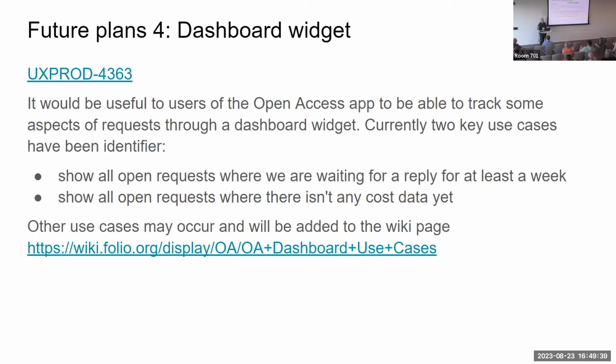If I want to change a spreadsheet, I just add a column, done. If I want to change a FOLIO app, I have to talk to all kinds of people. I think we'll discover things as people start using this for real, and we'll discover where it needs extending. I think the same is true with the dashboard widget. We'll find people say, oh, I'd love to be able to get a list of requests that fulfill these criteria. And we'll think, well, that could be a dashboard widget, because that's what dashboard widgets do.